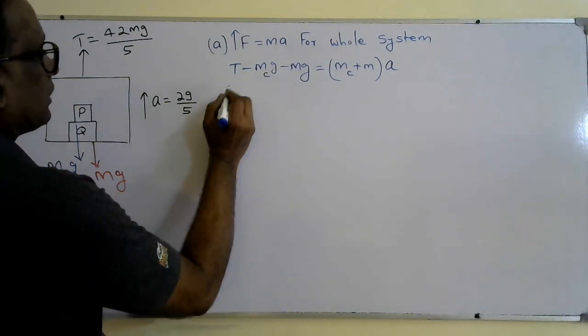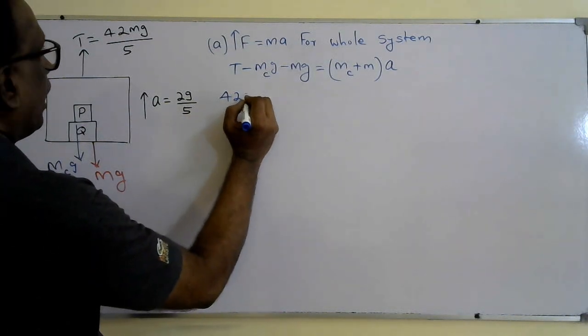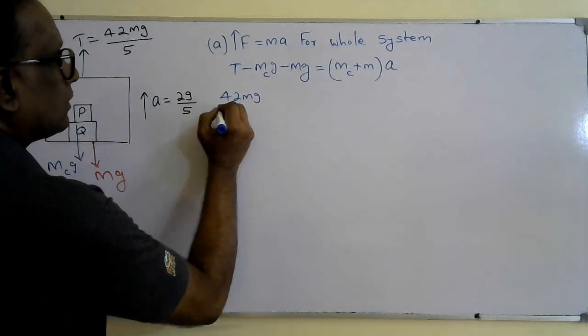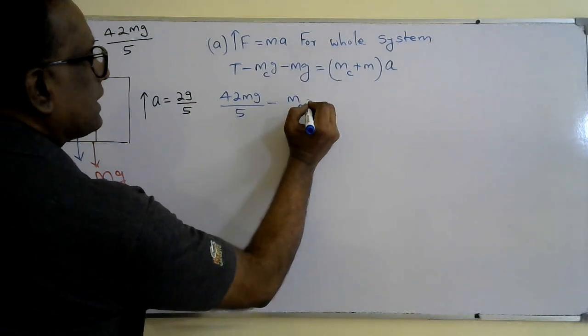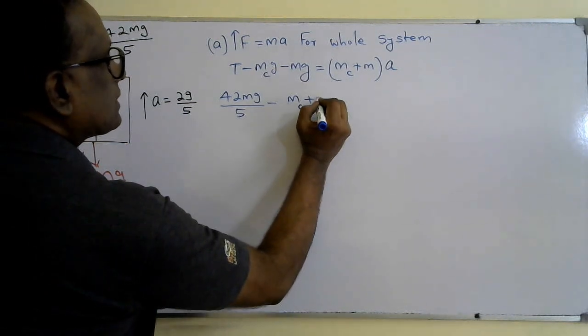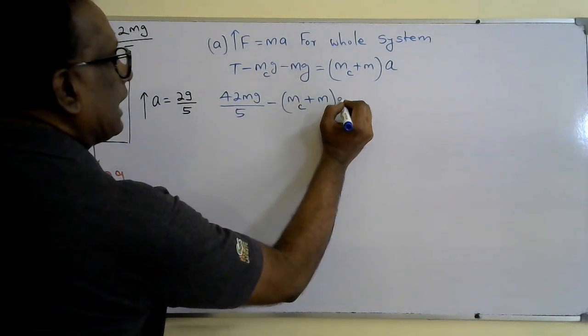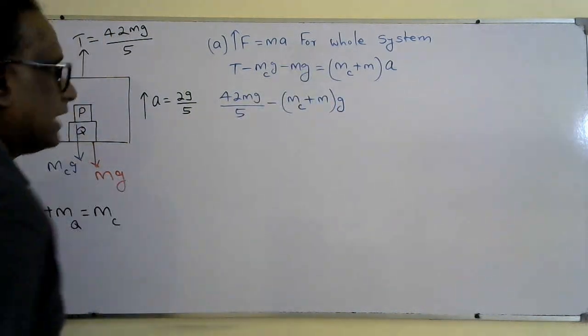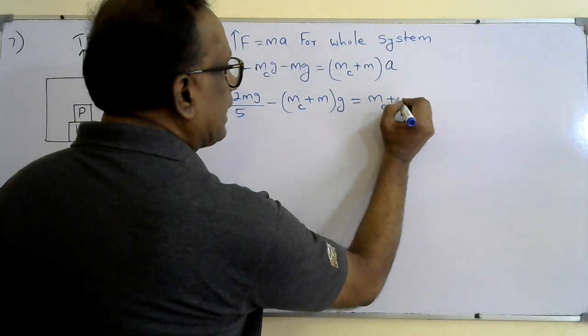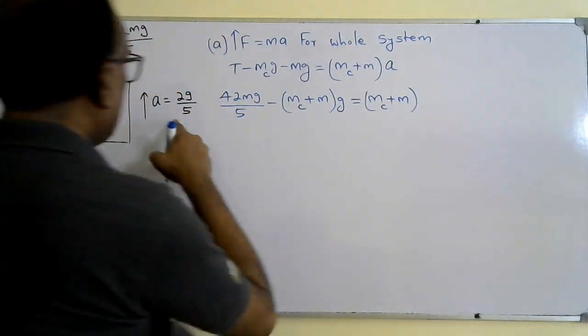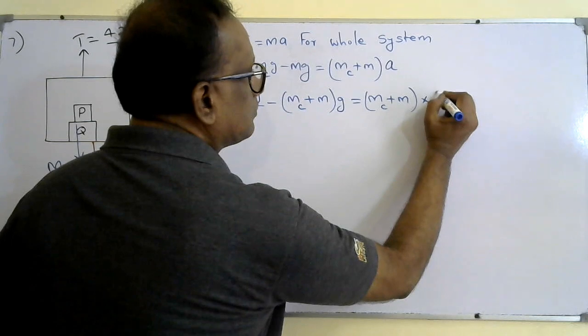So tension we know is 42mg over 5, minus (Mc plus M)g, taking the g out, is equal to (Mc plus M) times 2g over 5.